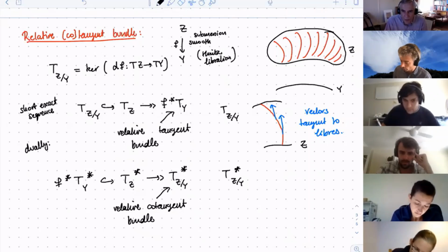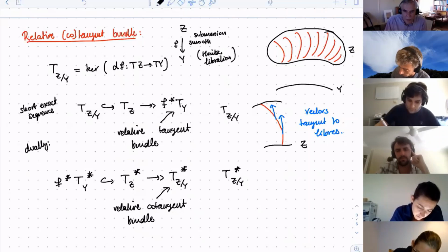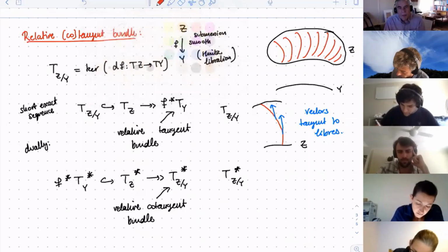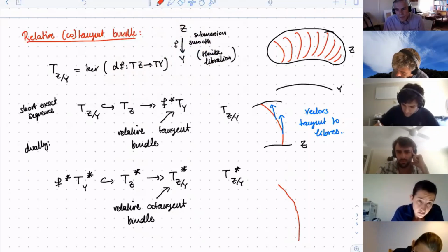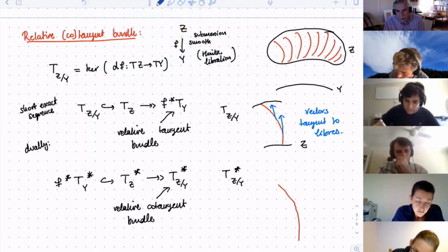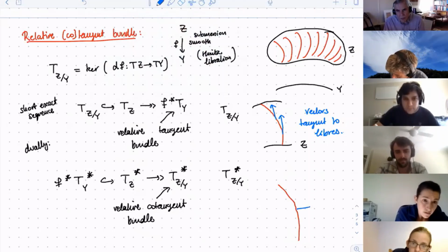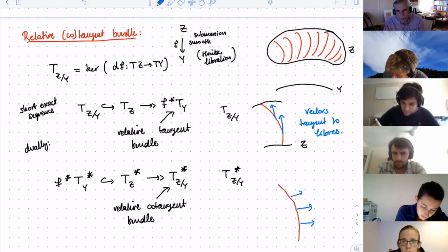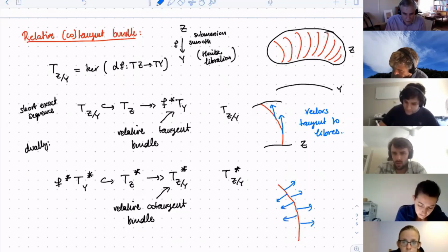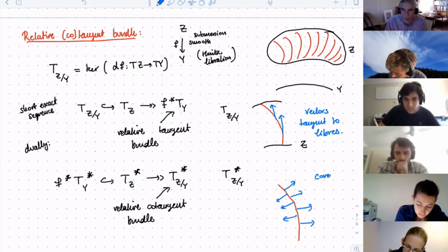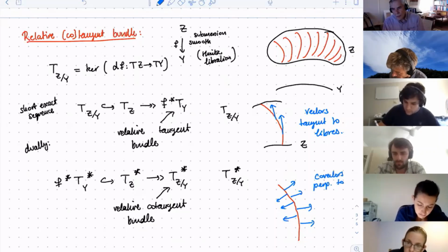This is the relative cotangent bundle, and you can think about this as being covectors perpendicular to fibers.